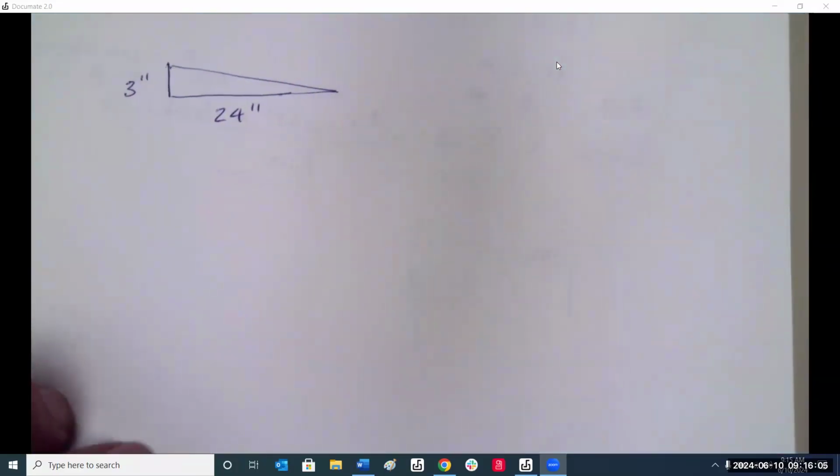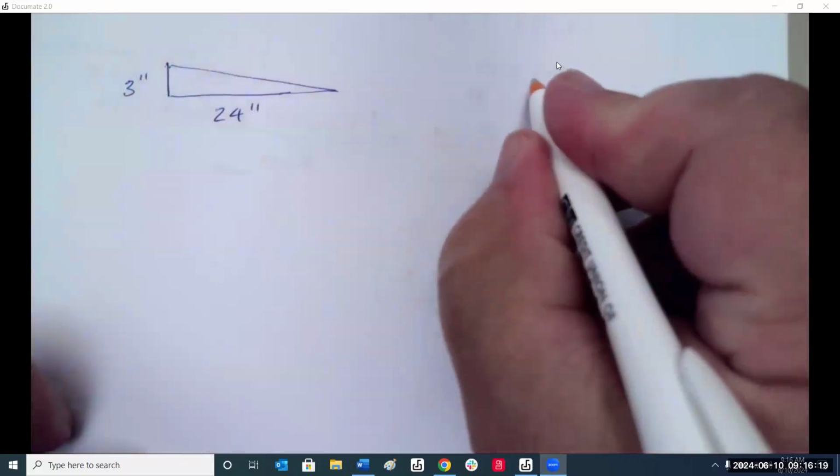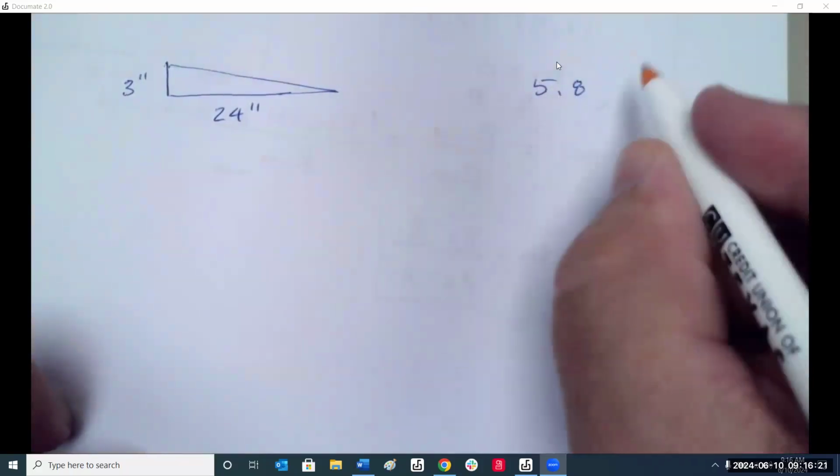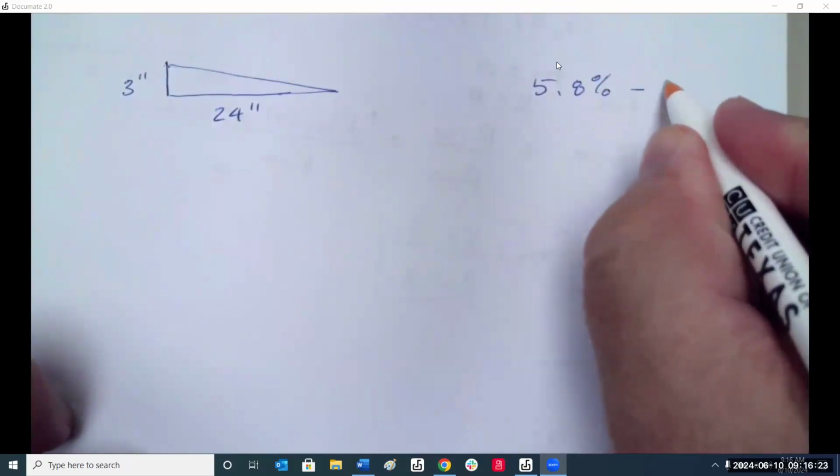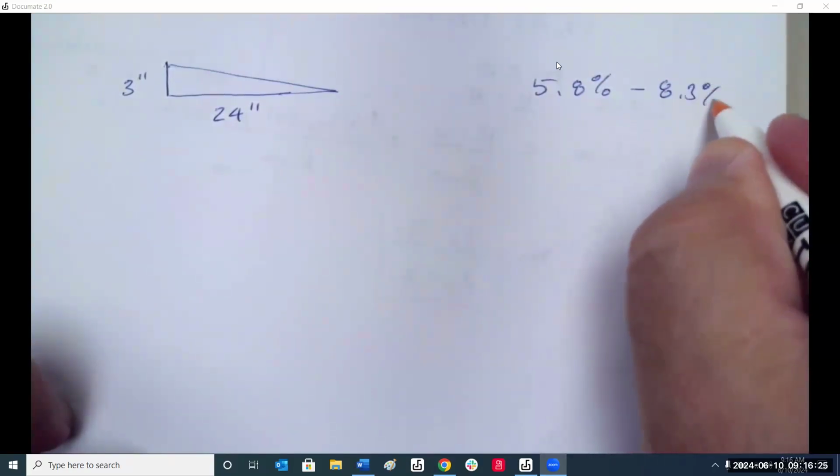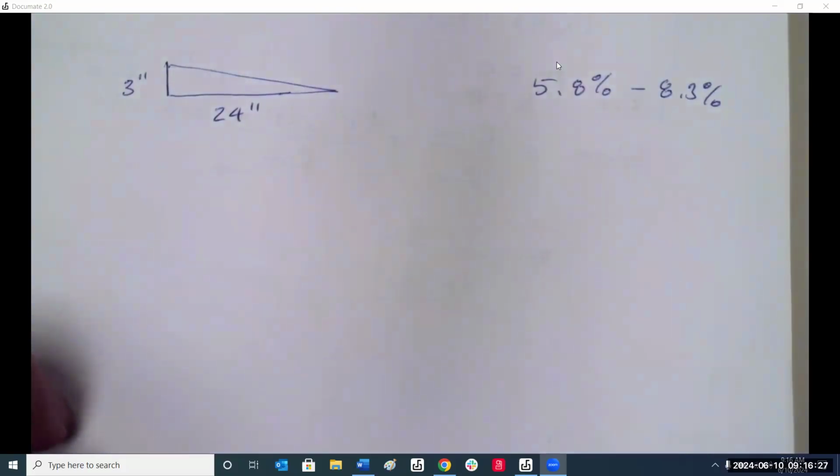Is that a valid legal ramp for handicaps? How would you determine that? Is it between 5.8% and 8.3%? How would you determine that?